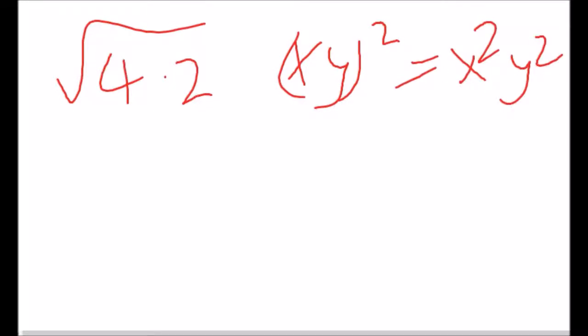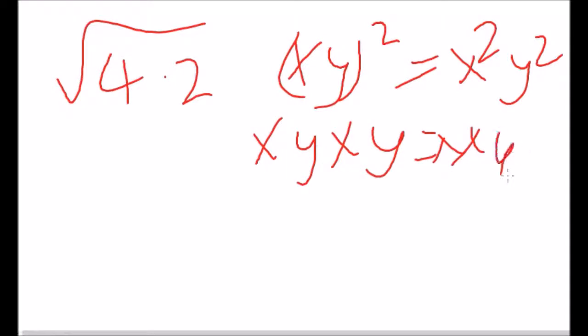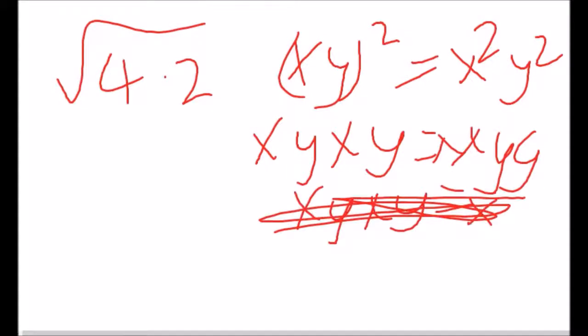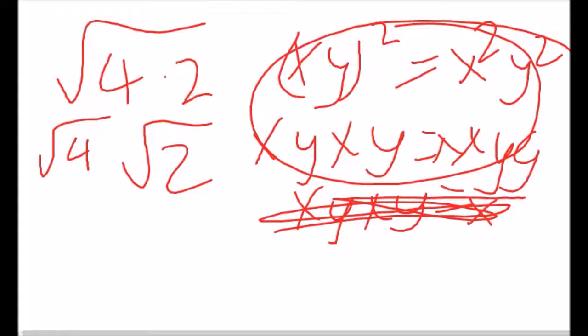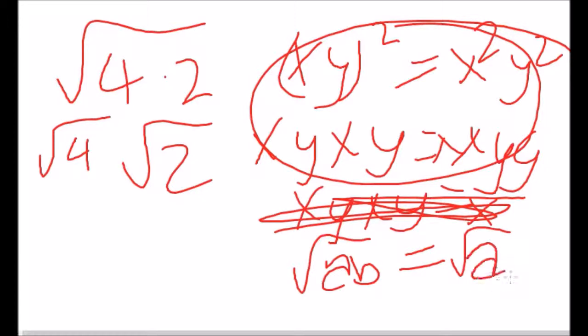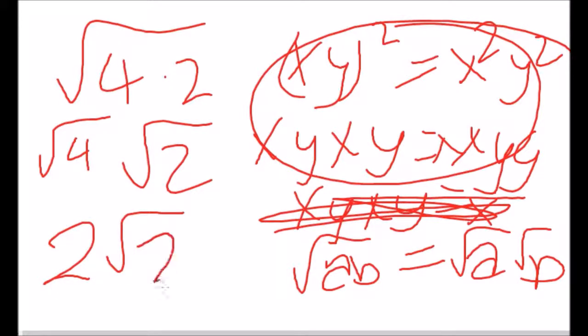You can prove this really quickly: xy is just xy times xy, and that is x squared y squared. So we can rewrite this as the square root of 4 times the square root of 2, and we can do that because this property holds true for fractional exponents as well. So root ab equals root a root b. Once we write it like that, we can rewrite this as 2 root 2.